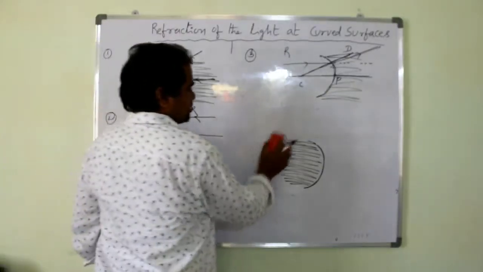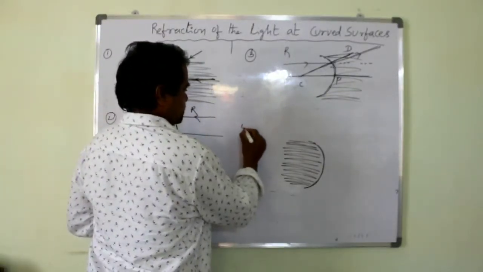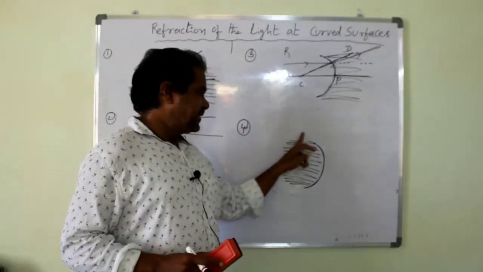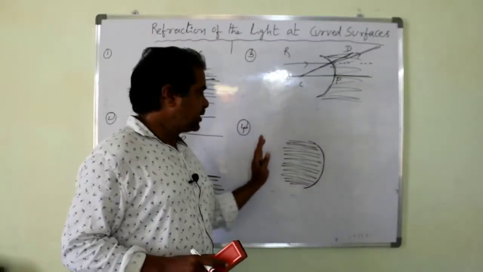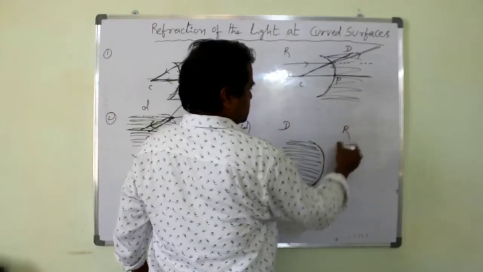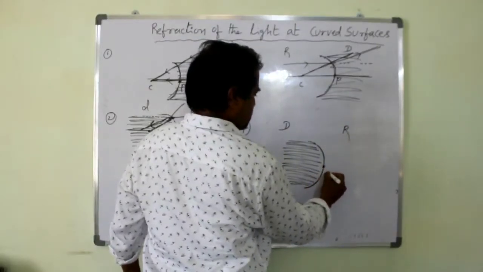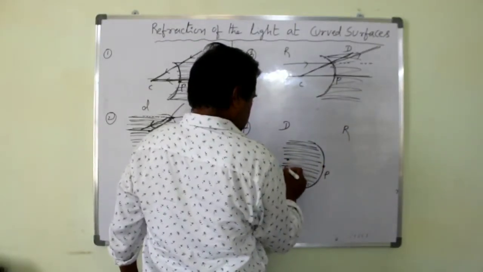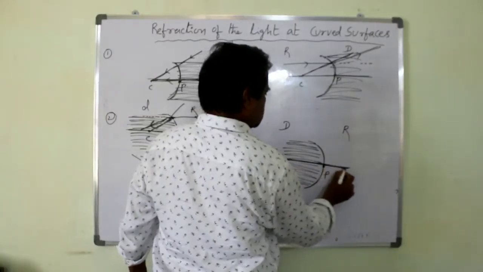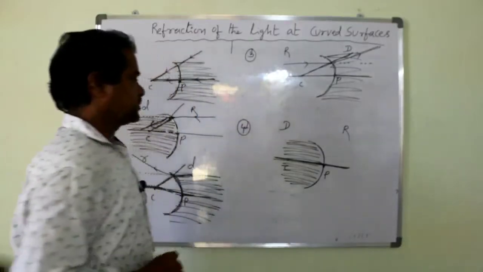Okay. Next, fourth case. Here also the light ray is incident on a concave surface, but it travels from denser to rarer. This is called P. This is called C. The line which is passing through C and P is called the principal axis.